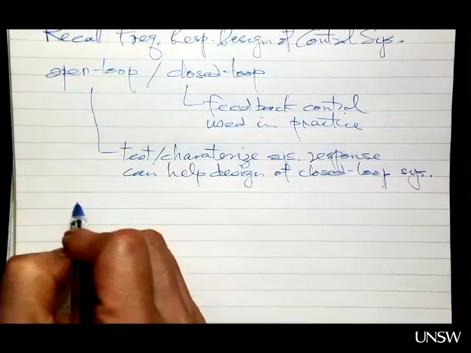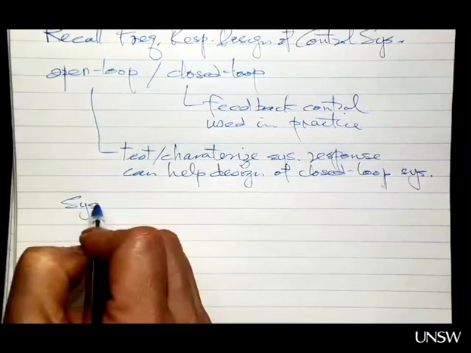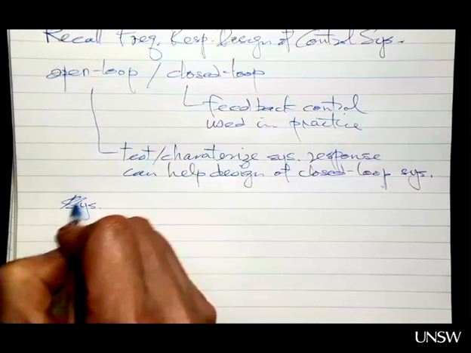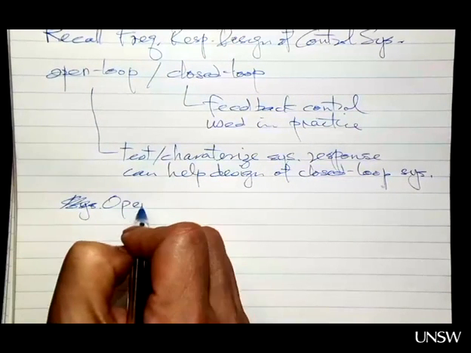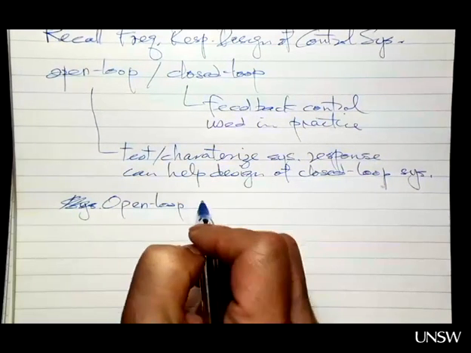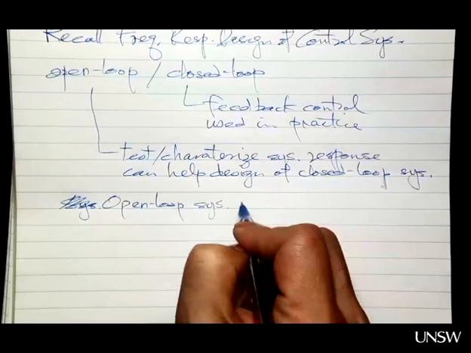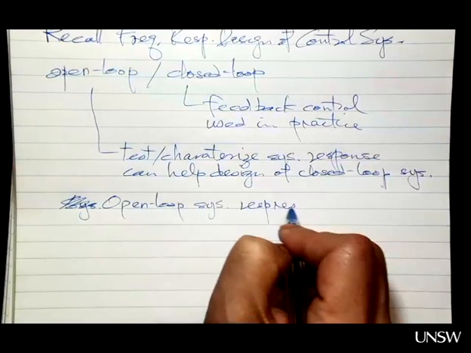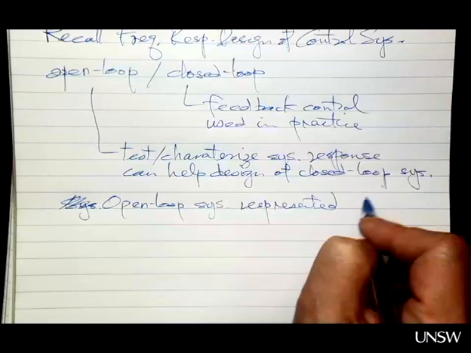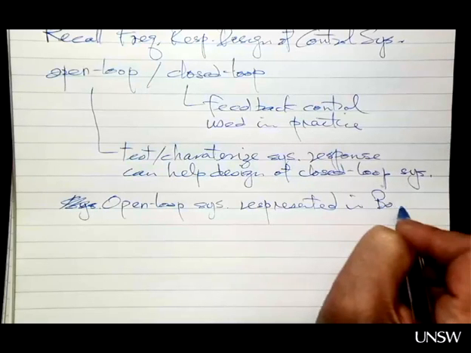Then the system, or the open loop system, can be represented in Bode plots.